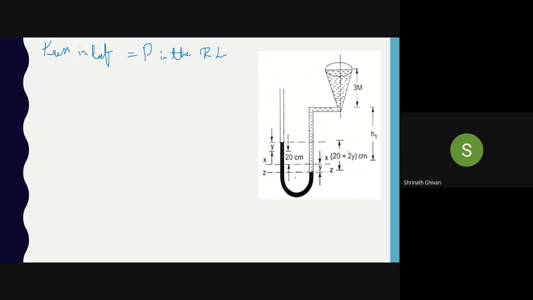So what will be the pressure in the left limb? Anyone? What will be the pressure in the left limb? 13.6 into 1000 into 9.81.